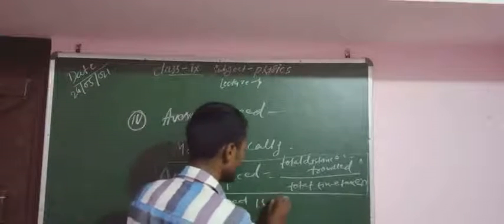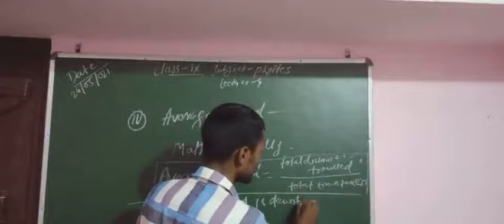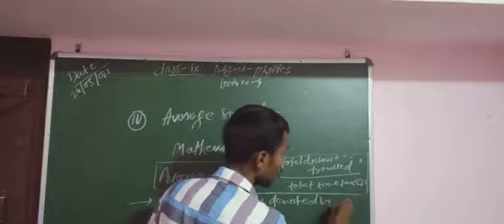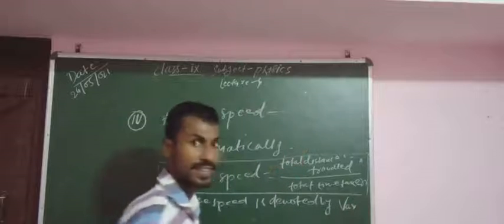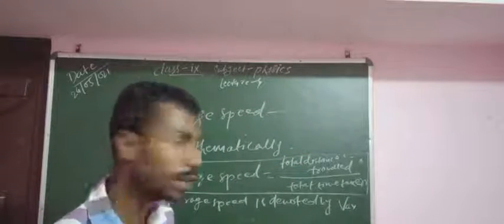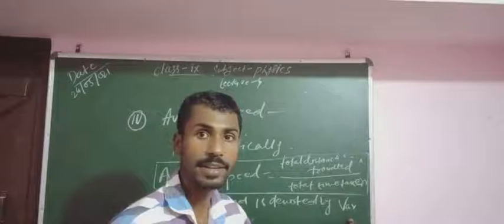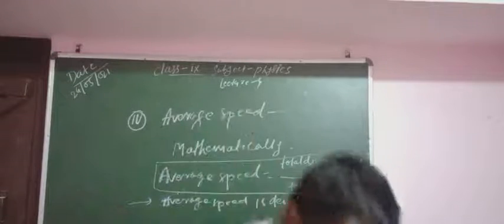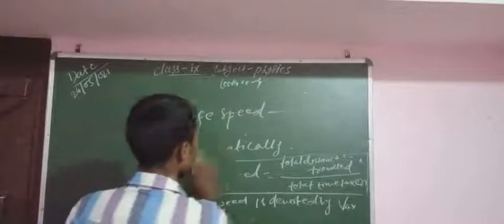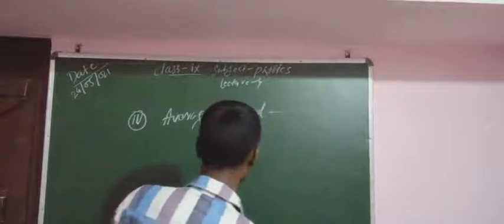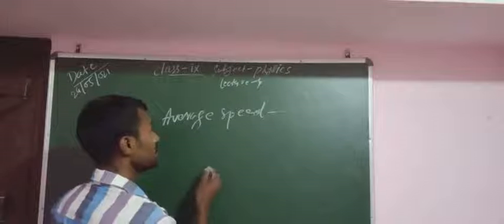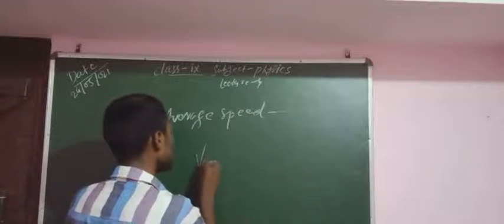That means average speed is denoted by VAB.